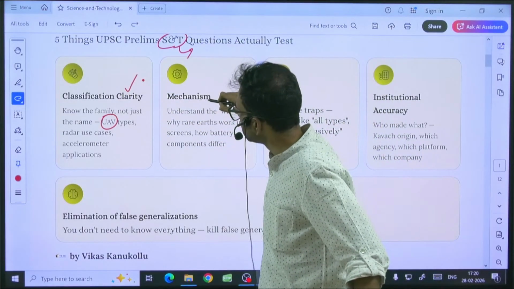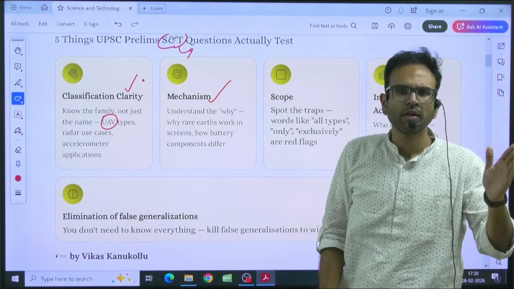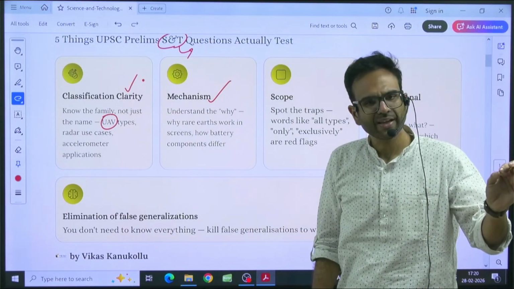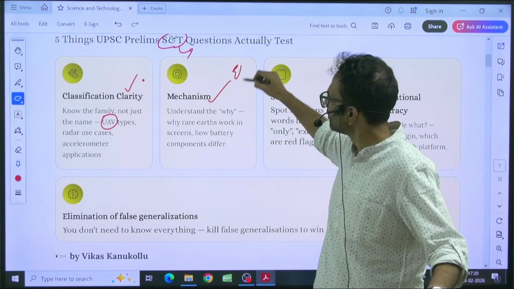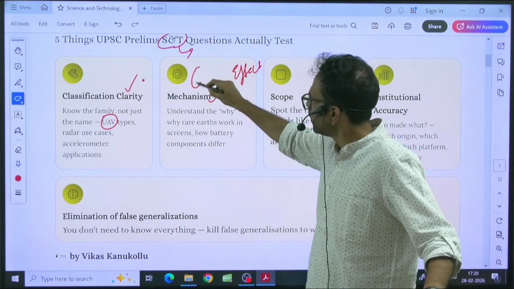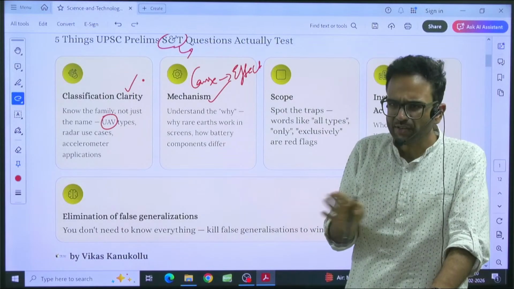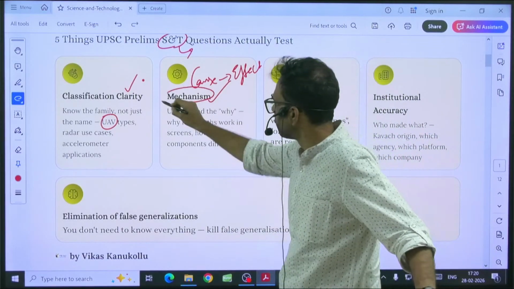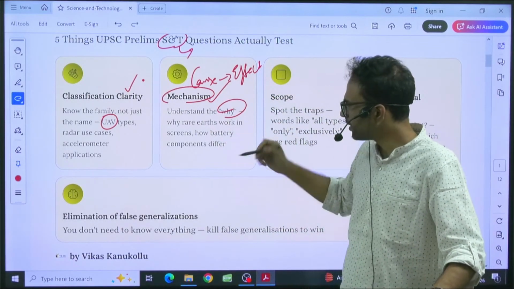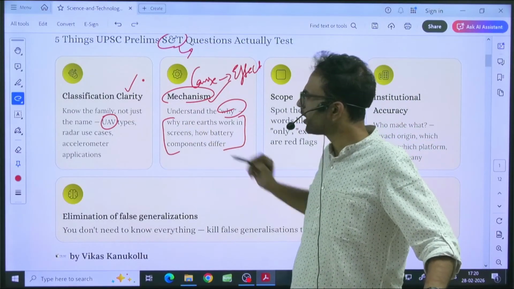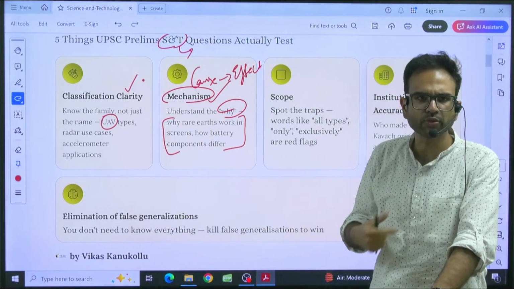One is the classification, second is the mechanism. When you are saying mechanism, there is an effect produced by this technology. There would be a cause for that effect too, right? This cause-effect relation is nothing but the mechanism. Understand the why. Let's say, for example, you're talking about rare earth minerals, which are in the news right now.